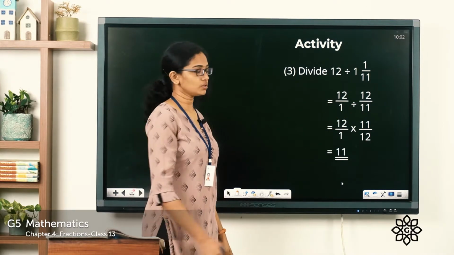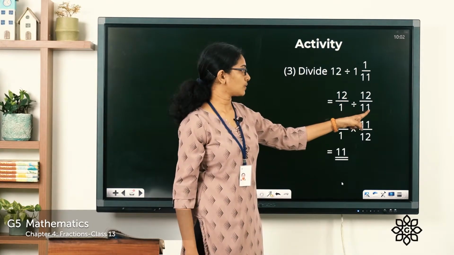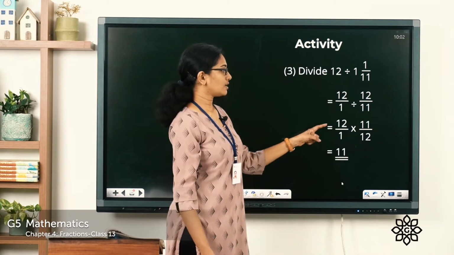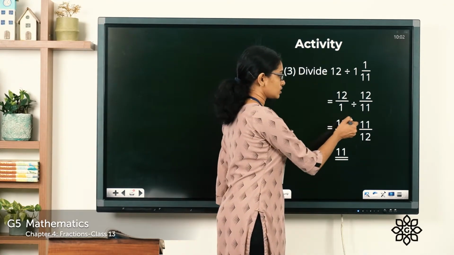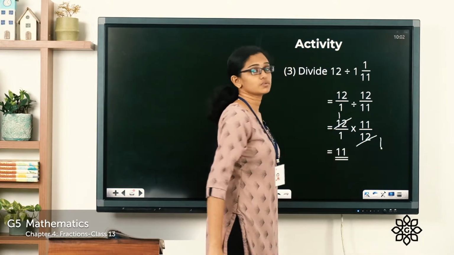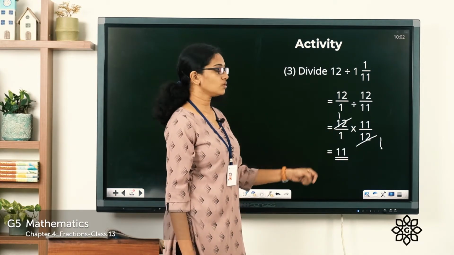That is equal to 12 by 1 into the multiplicative inverse of 12 by 11, which is 11 by 12. Now let's cancel out the common factors 12 and 12. 12 by 12 is 1, 12 by 12 is 1. So it is 1 into 11 by 1 into 1, which is equal to 11.